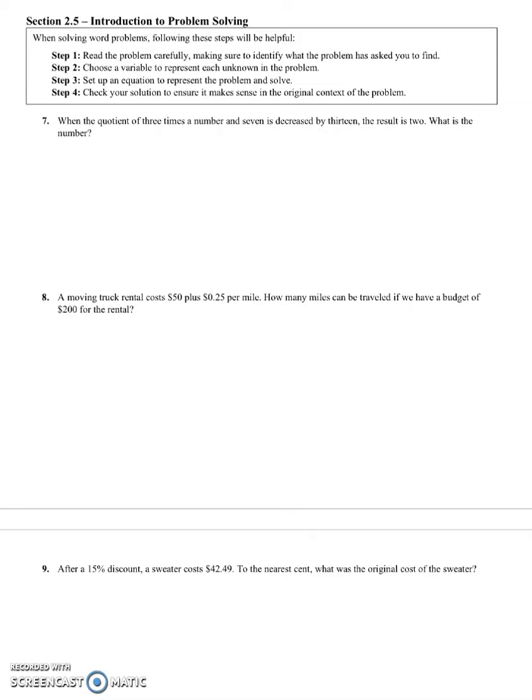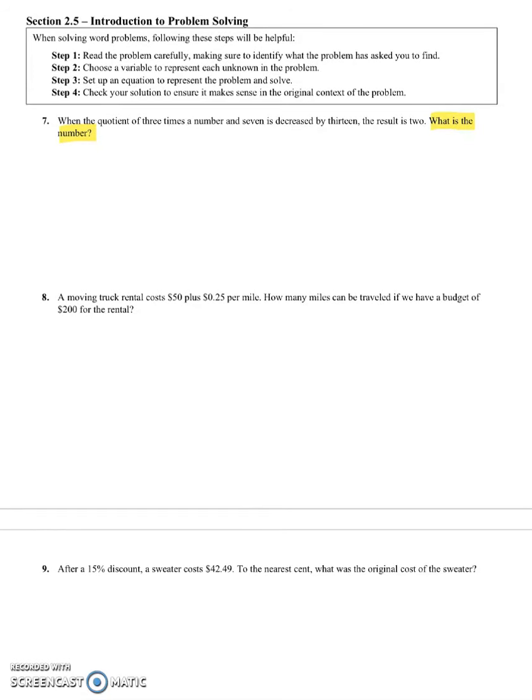So, for example, let's look at number 7. When the quotient of 3 times a number and 7 is decreased by 13, the result is 2. What is the number? Okay, it's asking us to find that unknown number.